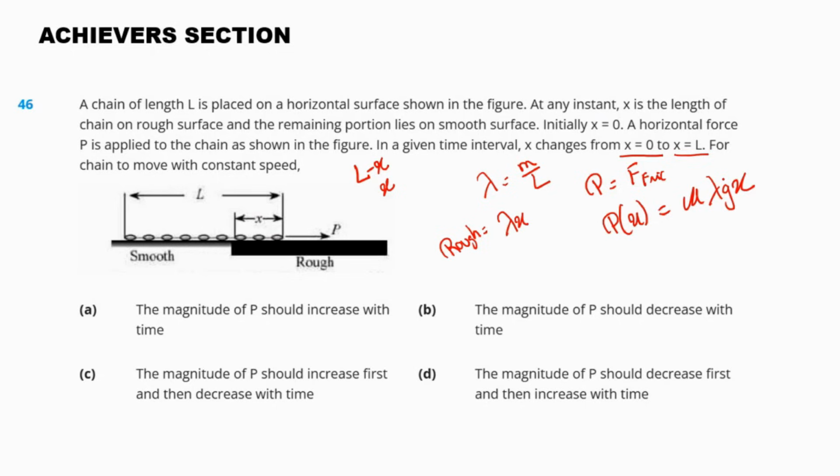As the chain moves and x increases, P increases linearly with x, correct? So thus PL becomes mu lambda g L, correct?